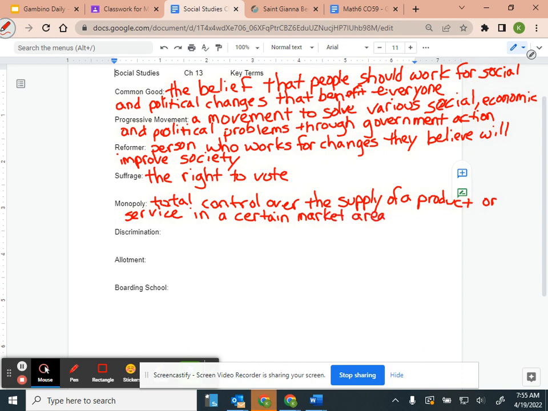One person, one company owns everything in a certain area, so they can set the prices. They can set the prices and they control all of that.